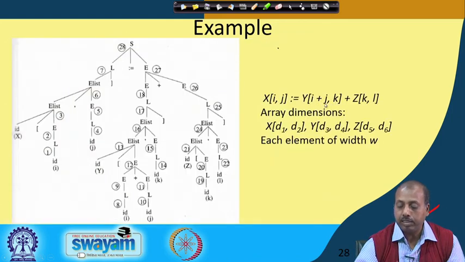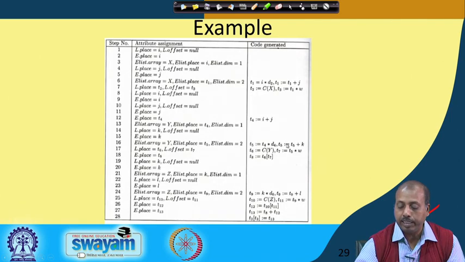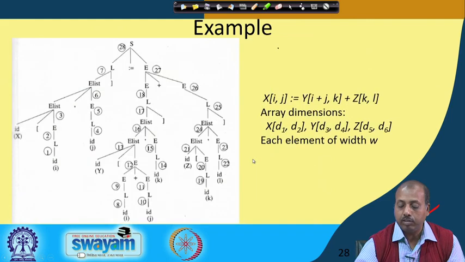So, I plus j we have computed the offset, and with that the offset for k has to be added. That is done here. T6 is the constant part of y, T7 is the offset part of y. So, T7 equal to T5 into W. Ultimately I have got T8 equal to T6 T7. So, this T8 contains the Y i plus j k part.